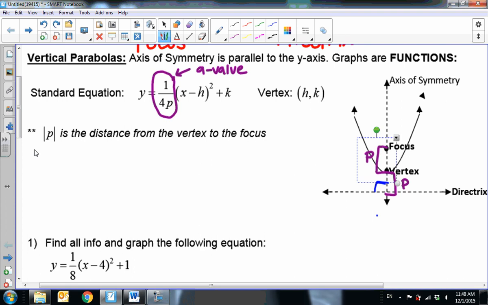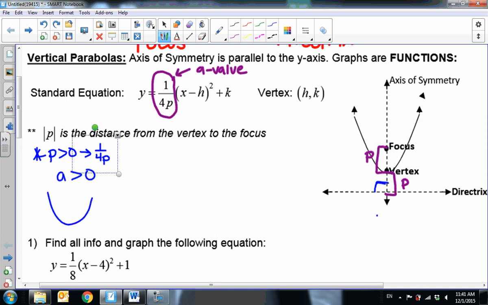So, important thing. If p is positive, then that would mean that 1 over 4p is positive, right? Would you agree with that? If we plug in a positive value for p, then 1 over 4p is going to be positive. And we said 1 over 4p is the same as our a value, right? So when a is positive, which way does our graph open?